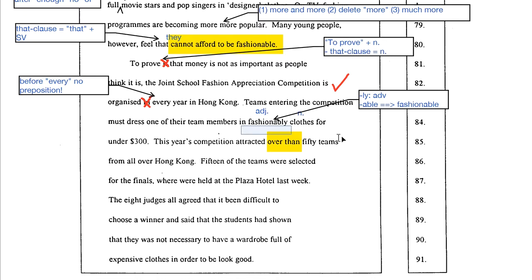So the first solution is number one: you delete "than." So "over 50 teams," that's fine. Or you can say "more than." So you can say "more than 50 teams" or "over 50 teams" because over means more than. Okay?